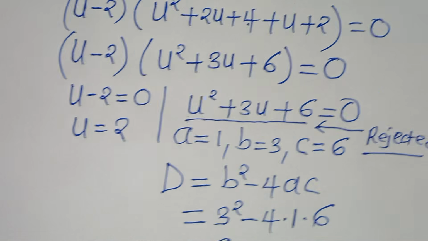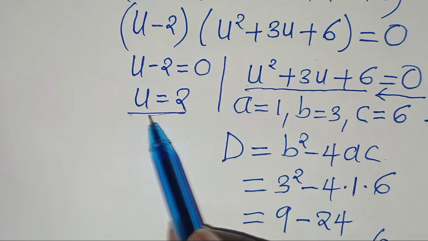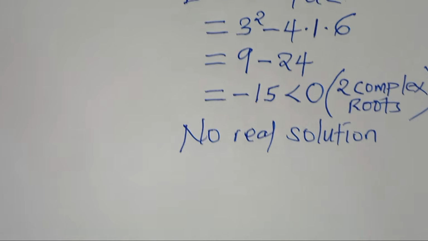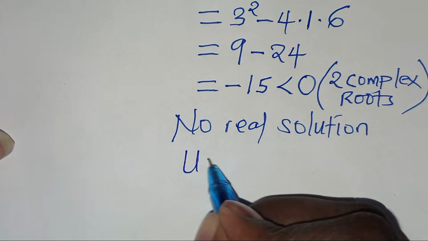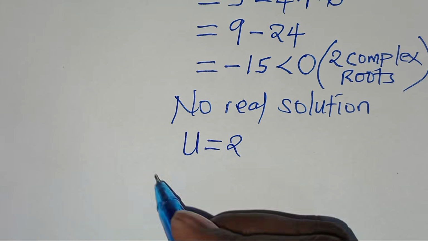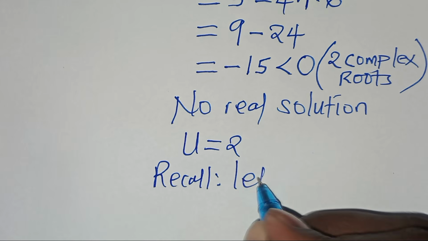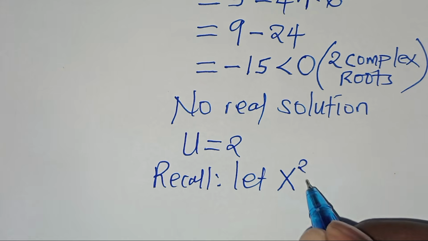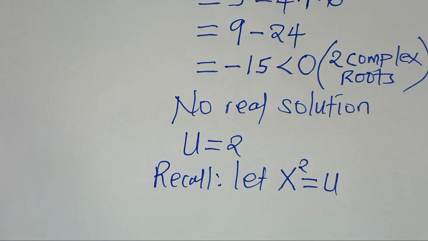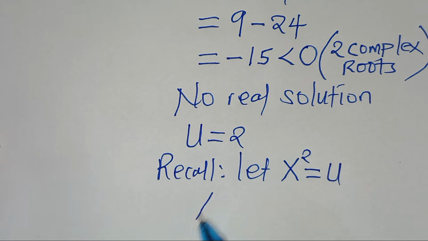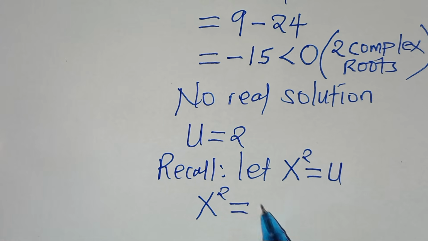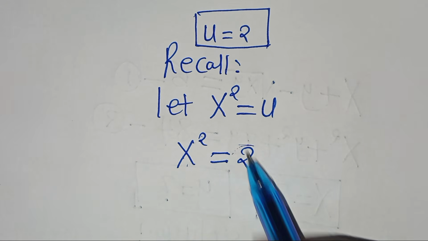Now, let's focus on u, which is equal to 2 from here. If you recall, we let x to the power of 2 be equal to u. So we have x to the power of 2 equal to 2, so x squared is equal to 2.